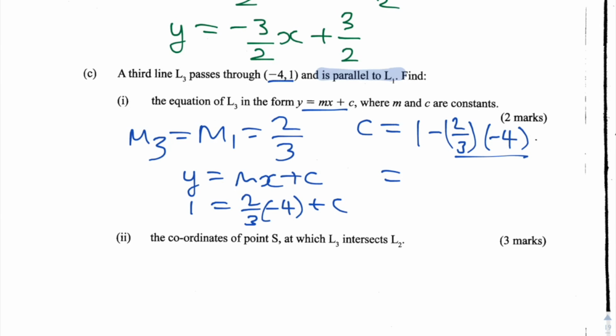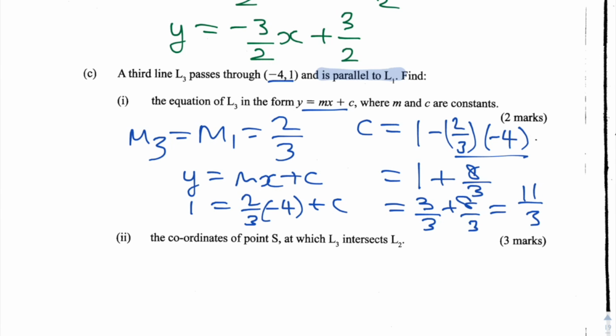And then since we have a minus and we're subtracting it, we get a plus. So we have 1 plus 8/3. 1 can also be written as 3/3, which is the same as 1 whole, plus 8/3, and that is equal to 11/3.